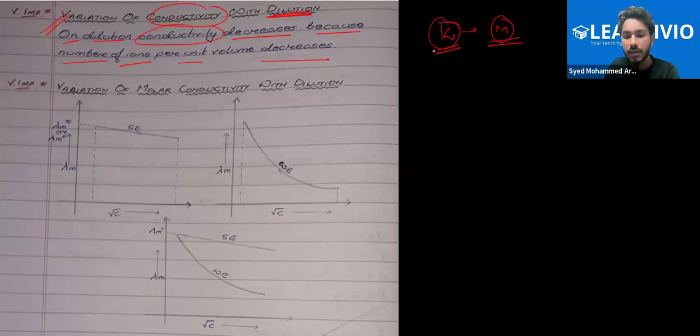Conductivity is the property of an electrolyte, how it helps the ions to flow through it. Like I'm having one substance like honey, and I'm having water.